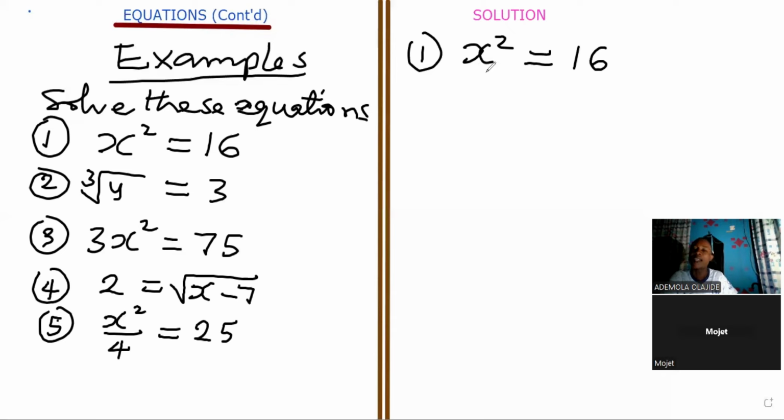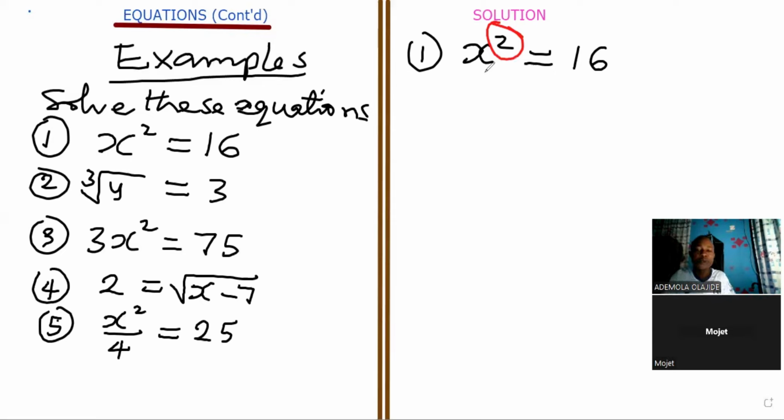You want only that letter to remain, isolated, such that any other thing around the letter will be moved away. But the only challenge it has is this power. Yes or no? Yes.